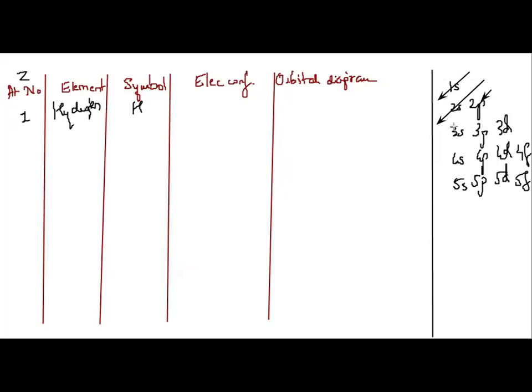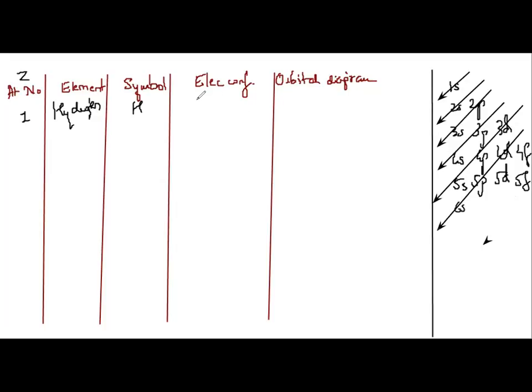So 1s, 2s, 2p, 3s, 3p, 4s, 3d, 4p, 5s, 4d, then this, it continues, right? So electrons are filled in this manner.